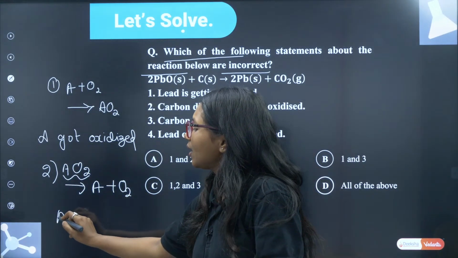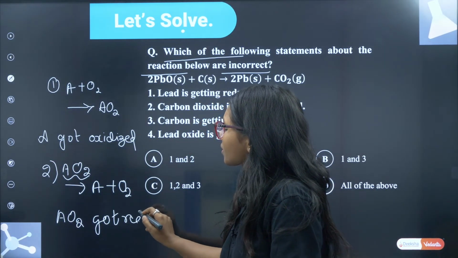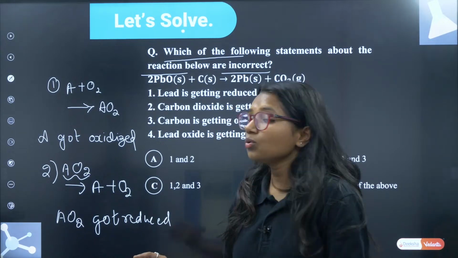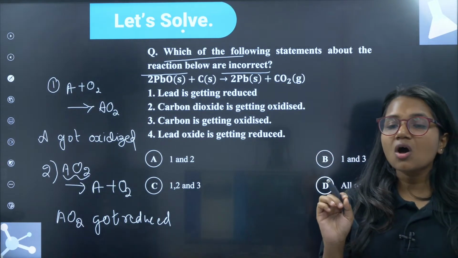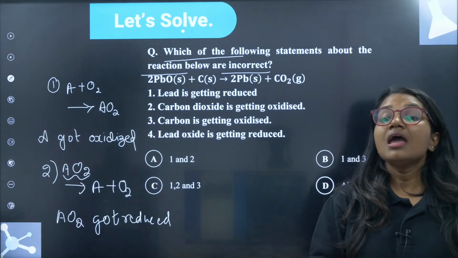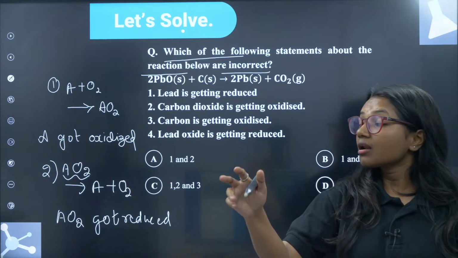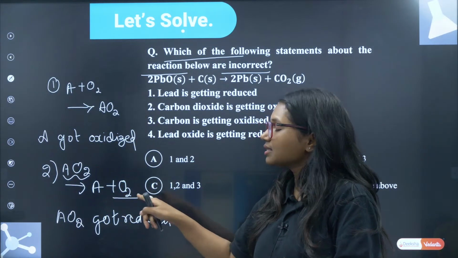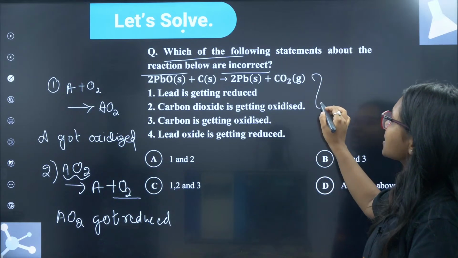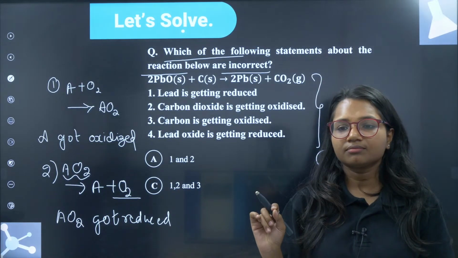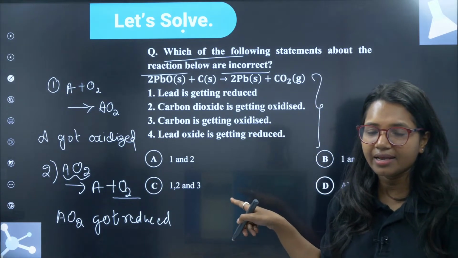It means that AO2 got reduced. Yes, you know what is oxidation, what is reduction? Addition of oxygen is oxidation, removal of oxygen is reduction, correct? Okay, so now tell me which statement is incorrect. Think and tell me which statement here is incorrect.